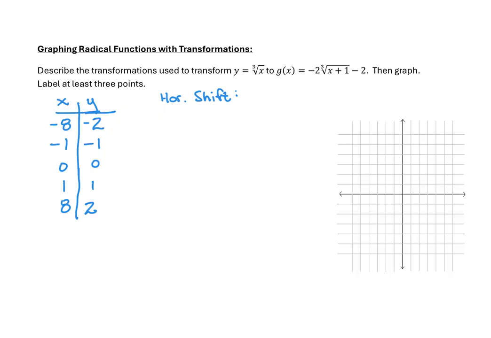And remember, shifts are the adding and subtracting. Because I do have a +1 on the inside, I have a horizontal shift of 1. And remember, we always do the opposite of what it says. I want to actually subtract 1 from my x's, and so this essentially means I want to go left 1.